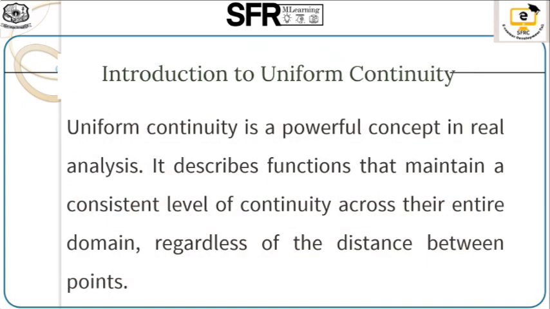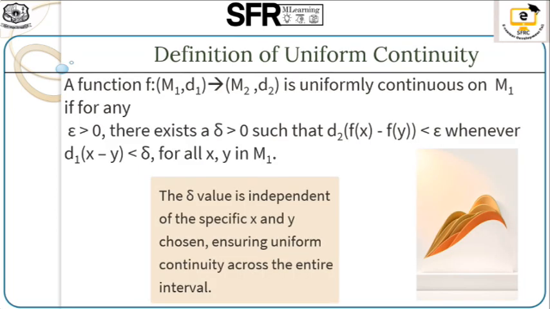Yes, uniform continuity is a powerful concept in real analysis. It describes functions that maintain a consistent level of continuity across their entire domain, regardless of the distance between points. This is the mathematical definition of uniform continuity.